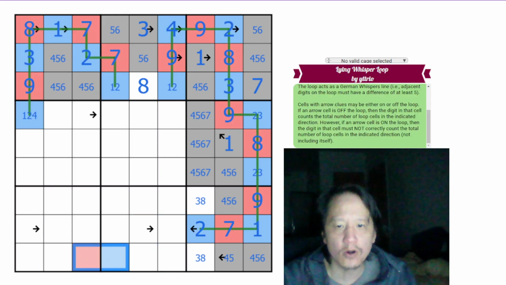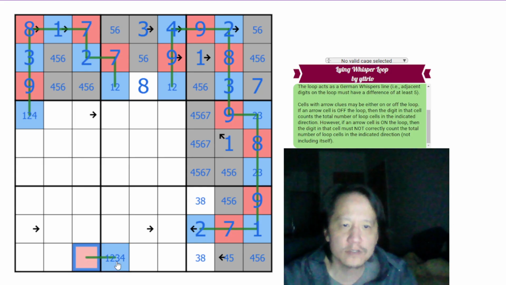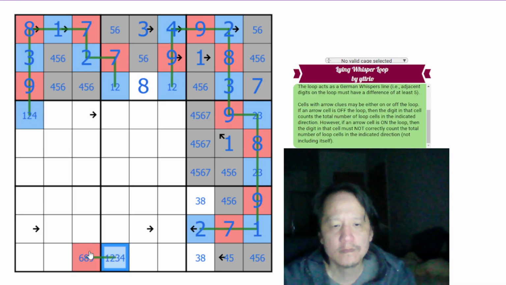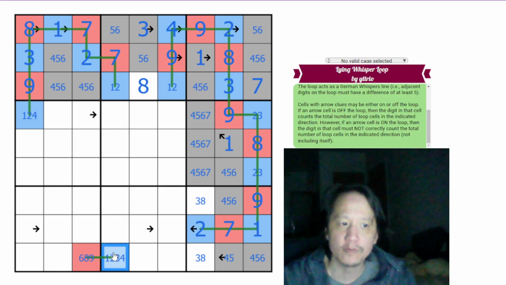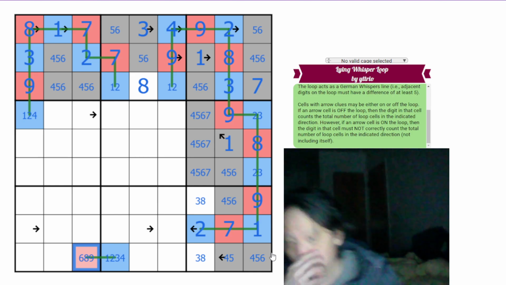So these two are always guaranteed to be on it. So this is always low, which means, and it could be 4. This actually could be 4. And this could be 6, 8, or 9. Because it could go up, and that would be 1 and 1. And that would be one unique number, which is next to. So the 4 could be there, and the 6 could be there.